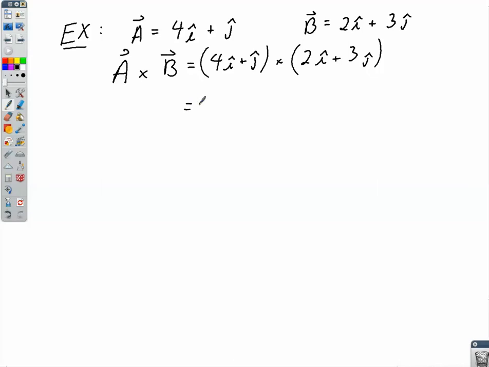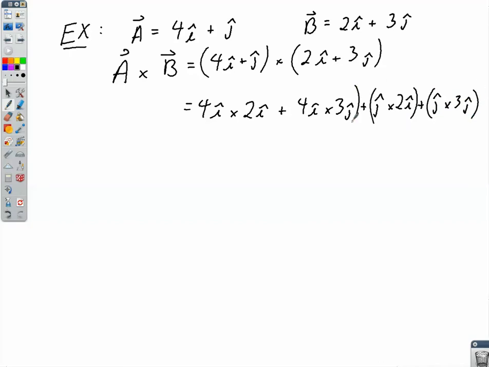So we're going to get 4i crossed with 2i plus 4i crossed with 3j plus j crossed with 2i plus j crossed with 3j. We need to be very specific about the order in which those are placed, because remember the property of cross products.